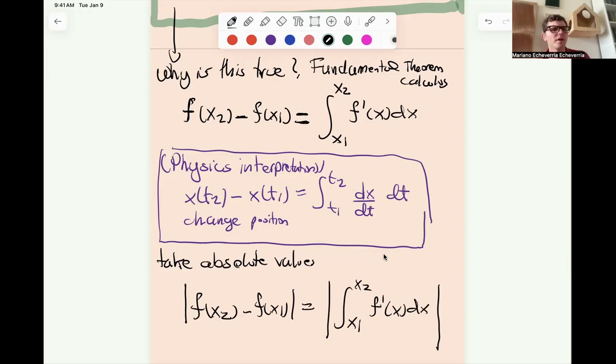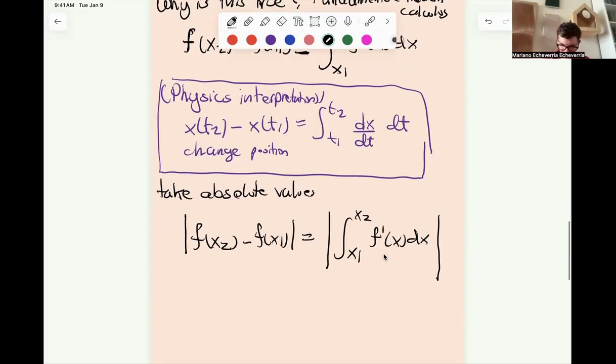And I don't know if you have seen it before, but there's a very useful property of absolute values with integrals, which is that you can move the absolute value inside the integral, and that increases it. This is a version of what's called the triangle inequality. Basically, you can move the absolute values inside the integral.